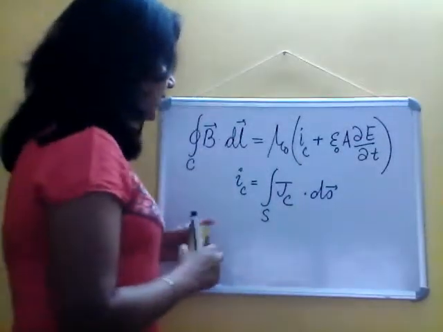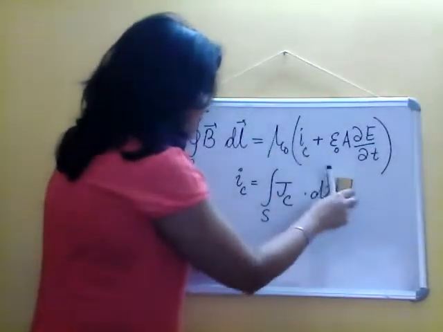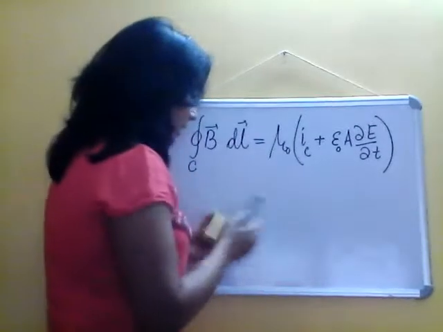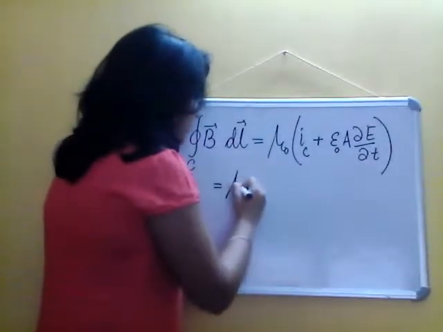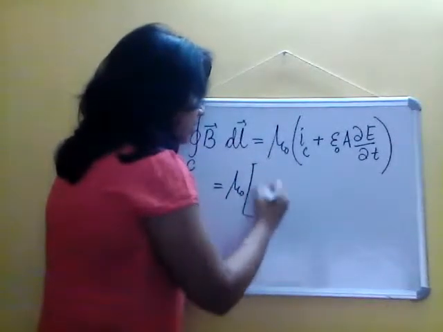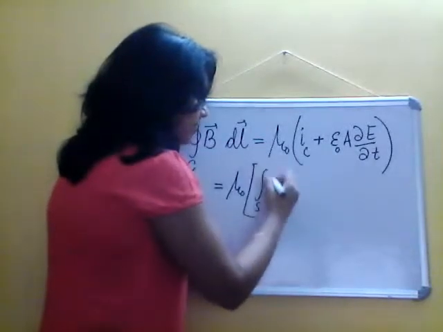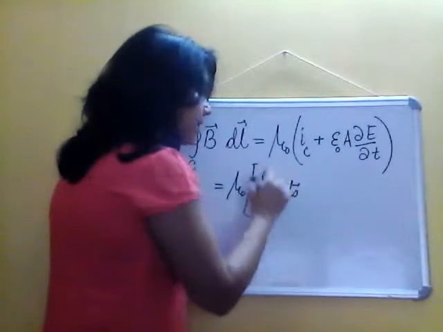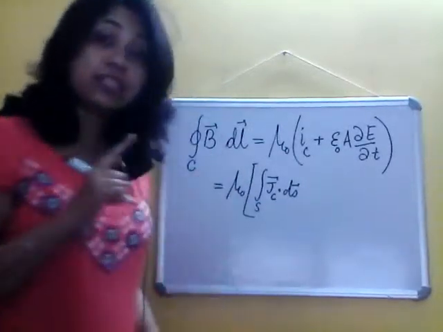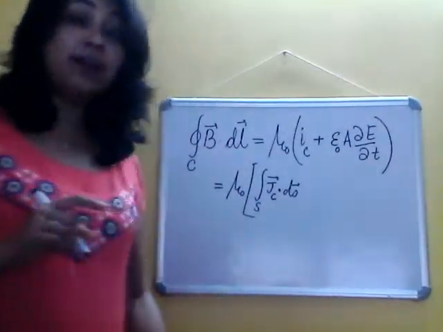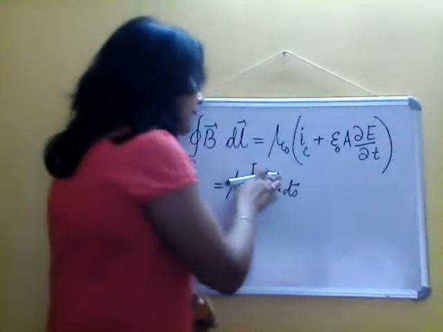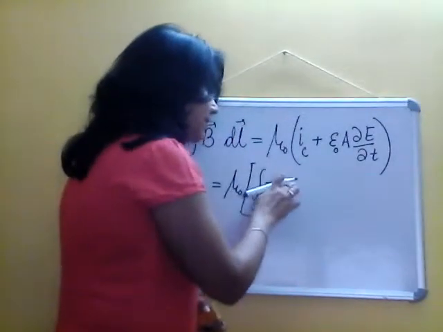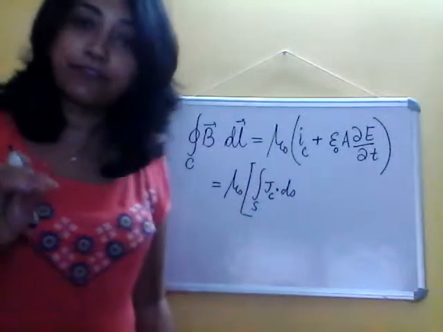So I hope all of you will agree if I now write this right hand side as mu 0, the first term being the integral over a surface of JC dot ds. Remember, this JC that I am writing is the current density, the surface density.